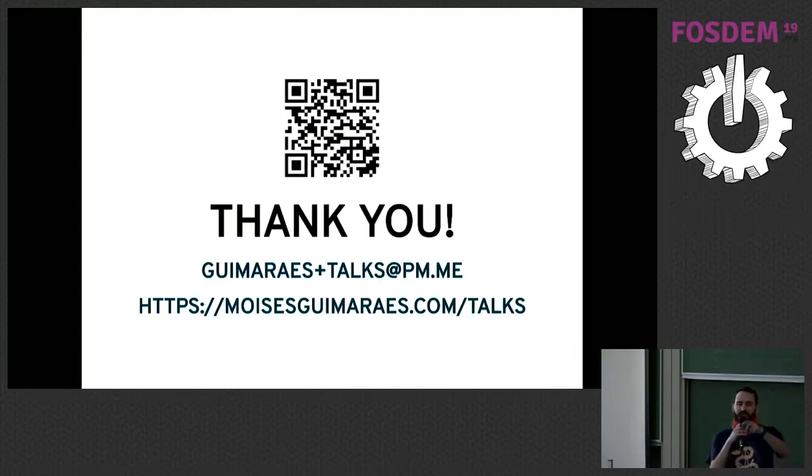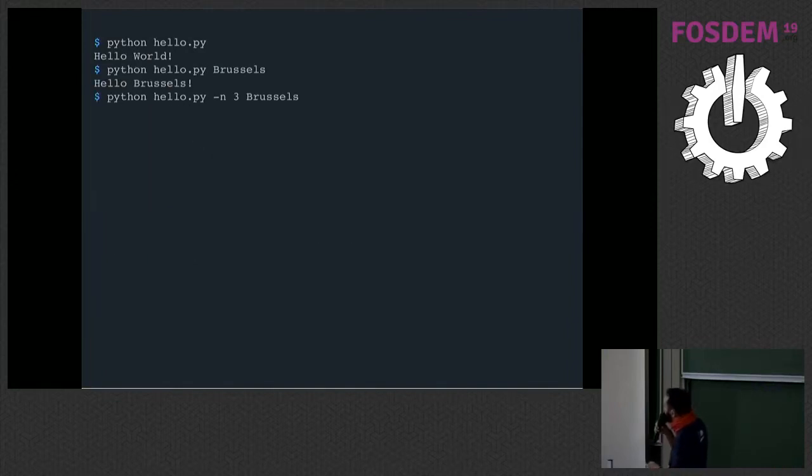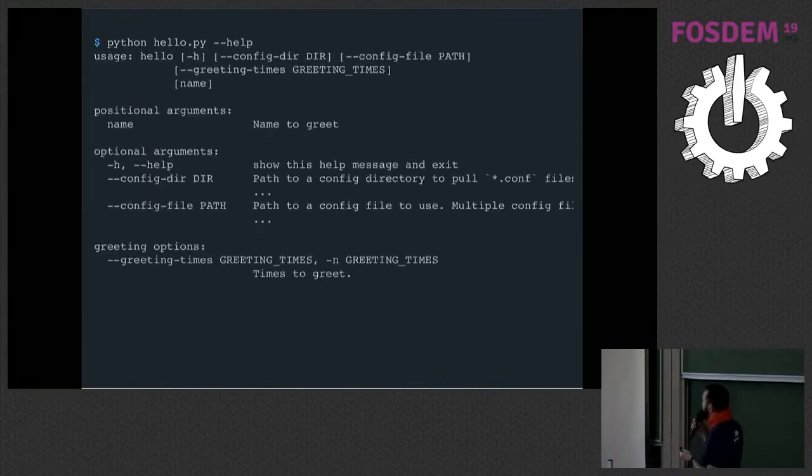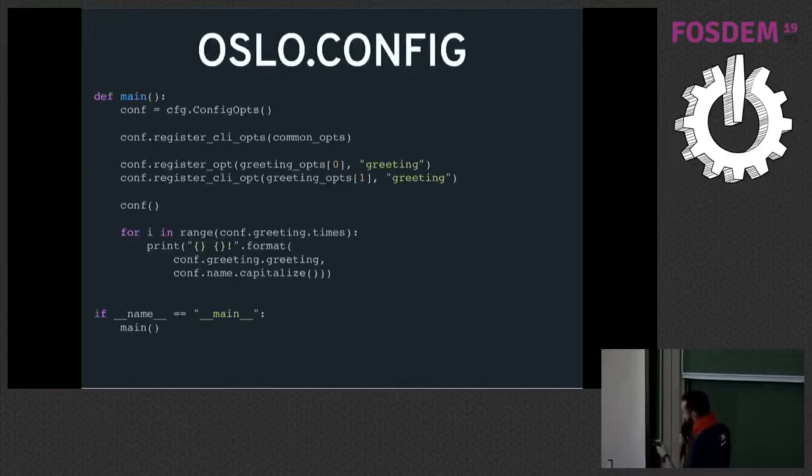Oh, okay. I was indexing them. Yeah, you can provide the whole list. Okay, the question is if I can, because I saw greetings option 0 and then greetings option 1. I can provide a whole list. Here I'm providing a list and it is opts in the plural. But I can also register just a single option. The thing is this one I'm registering just to the configuration file, but this one I'm exposing to the CLI option.